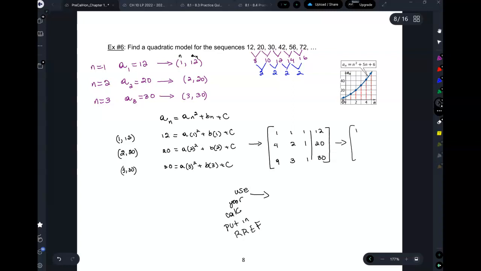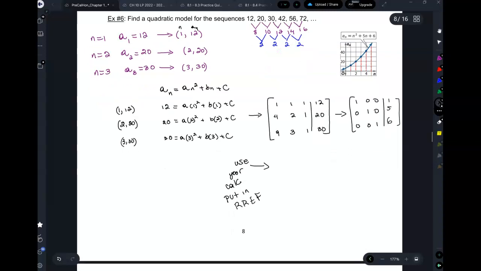When you do that, you get the identity matrix here and the cute little numbers on the other side. So this is 1, 5, 6, meaning A is 1, B is 5, C is 6. So A sub n is 1n squared plus 5n plus 6.